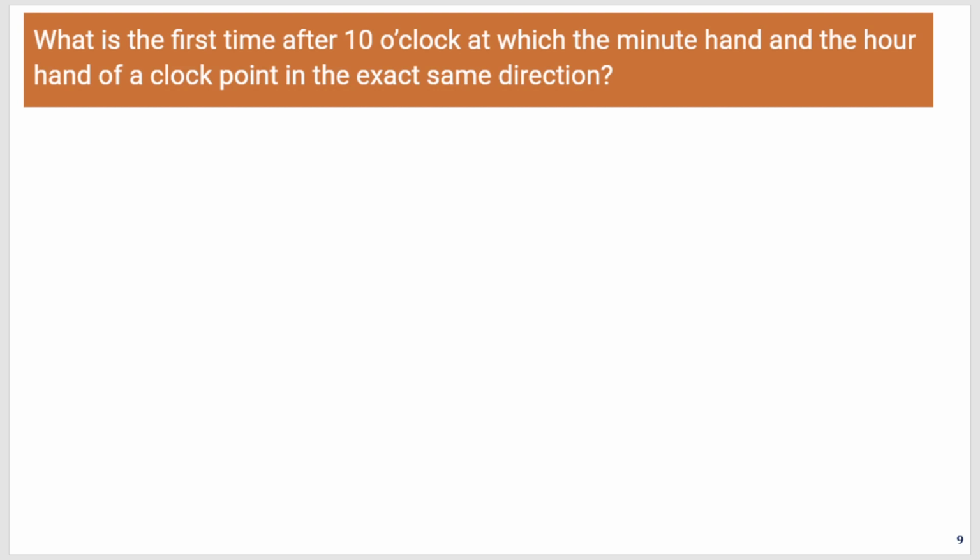Okay, let's have a look at the solution together. So suppose the minute hand points at minute M. We know the hour hand is between hour 10 and 11 on the clock, right?